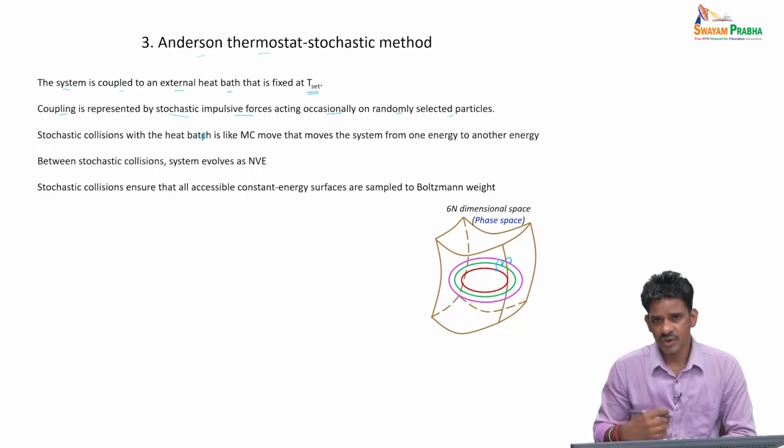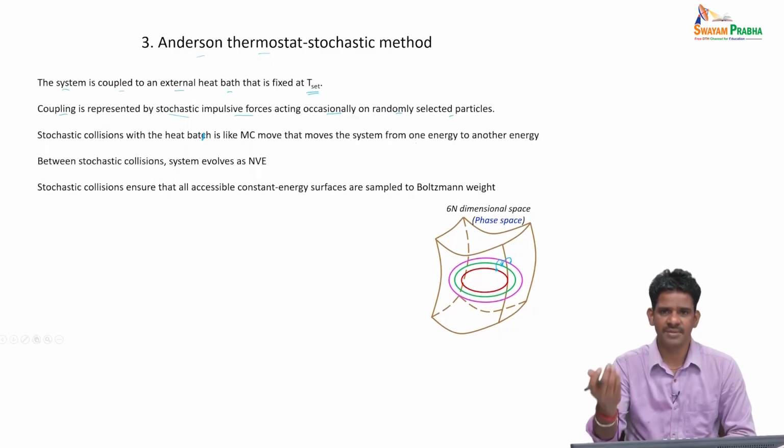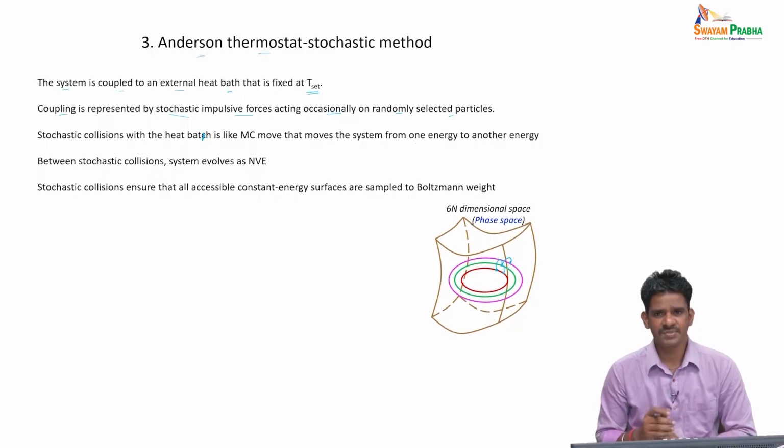So this stochastic collision of the system with the surrounding basically encodes these kinds of energy transitions. Every time the system takes some energy from the surrounding, it means the system is jumping to a higher energy level. Similarly, when it gives off heat or cools down, it means we are going from a high energy state to a low energy state. So we make many such transitions, except that these transitions are considered as stochastic events.